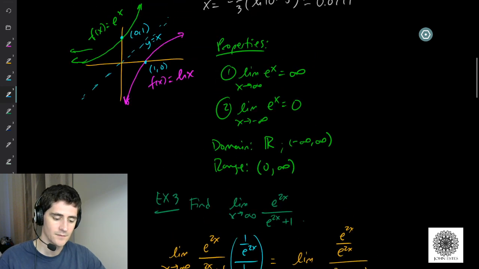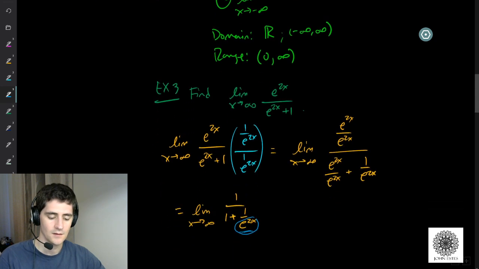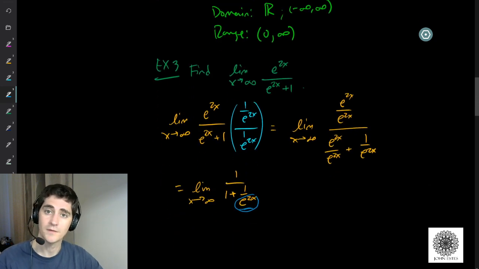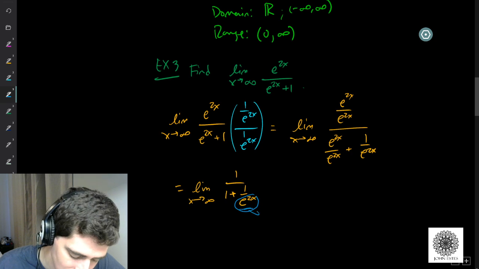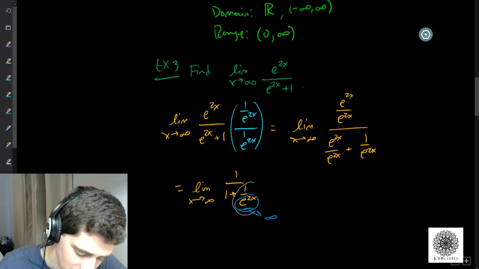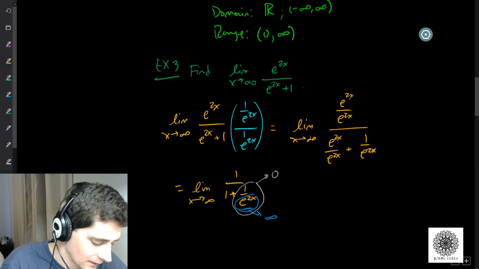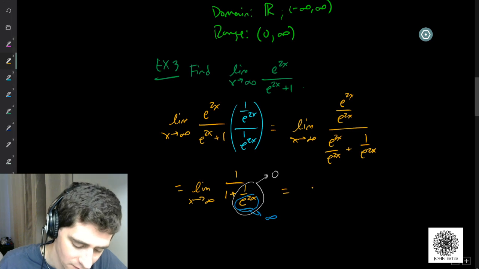We just said, as x goes to infinity, e to the x goes to infinity. So certainly e to the 2x is going to go to infinity as well. So this term is going to infinity, which means that this whole term is going to go to 0. And so because of that, I end up with simply the value 1.